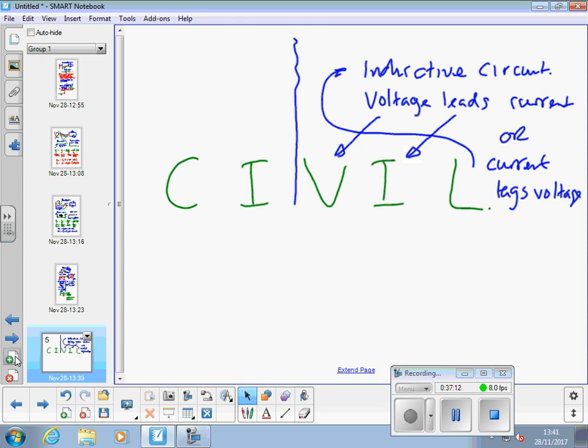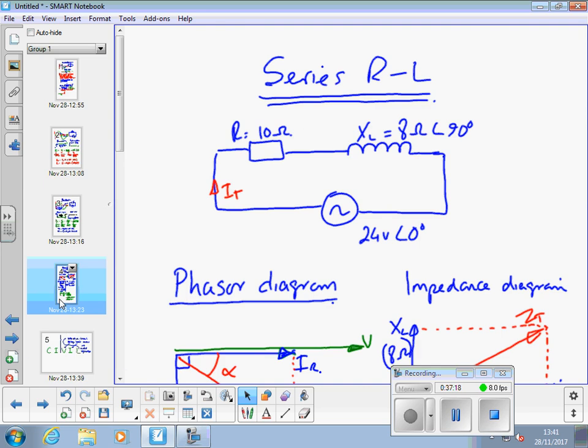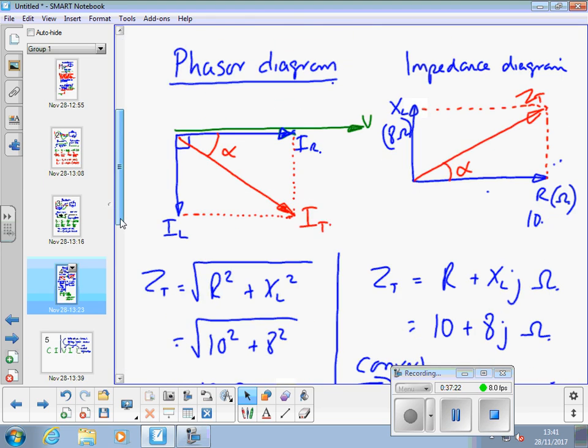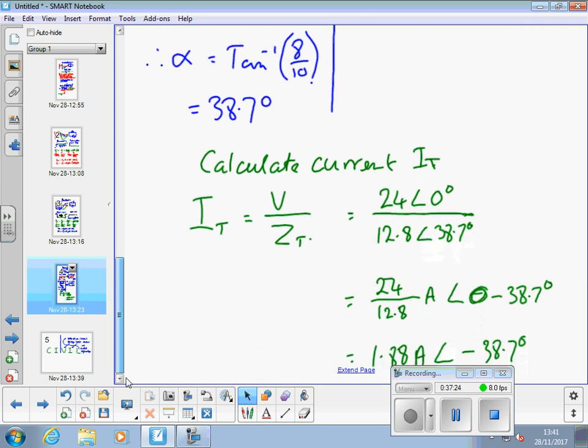And we've just done a calculation, and the final check on that is that an inductive circuit, because we've got no capacitance in this circuit, has given us a current with a negative angle, and therefore current is lagging the voltage, and so that's a little check that we've got our angles the right polarity.